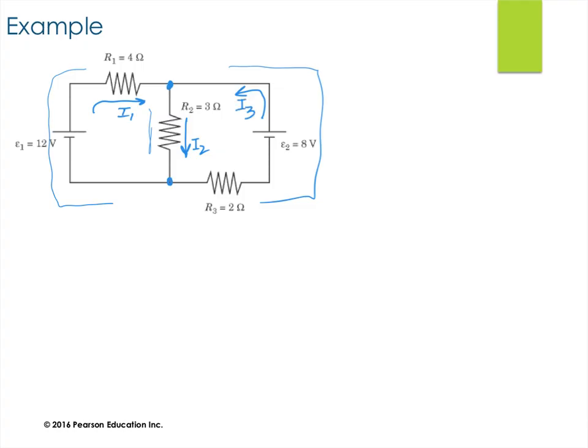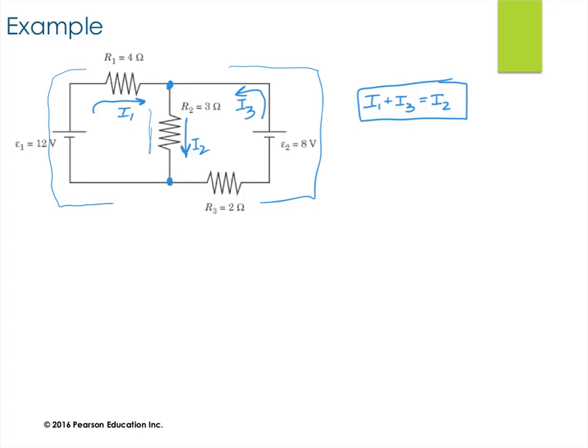I'm going to use this junction point to relate my currents. The currents coming in are I1 and I3, and the current coming out is I2. So that is one equation. Now I have to do loop rules.